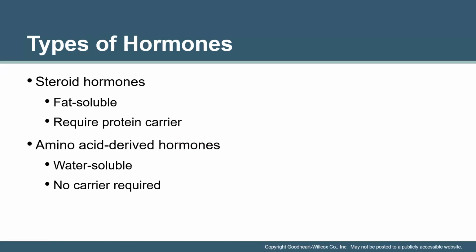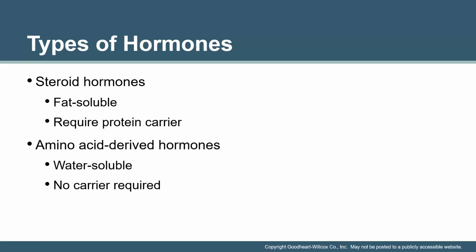The structure of them will determine how it travels. So the amino acid-derived hormones will go alone, but the steroid hormones, the fat-soluble ones, will require a carrier. Fat-soluble hormones cannot move through water easily because it's something polar, water, and something non-polar, lipid derived, okay?